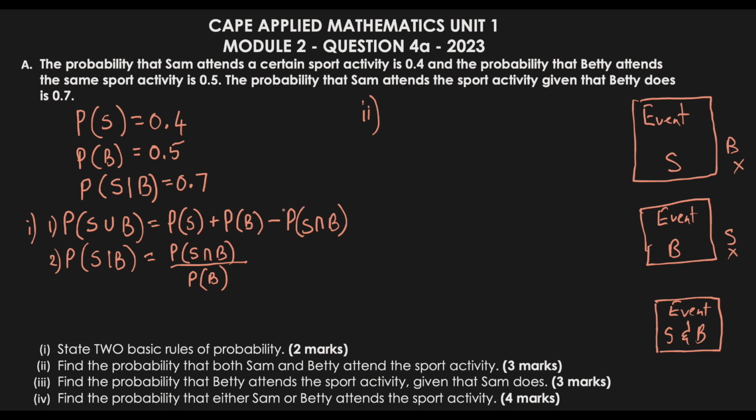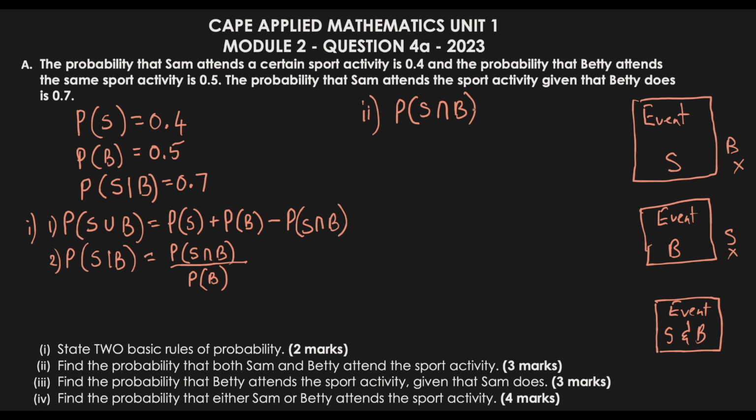Now if you look at this, the first equation gives us the opportunity to calculate that, because it includes the intersection, which is what we are trying to find. We are trying to find the probability of Sam and Betty. Remember, this is an intersection, which means they're both happening at the same time, whereas the addition rule means Sam or Betty. So this wants us to have Sam and Betty.